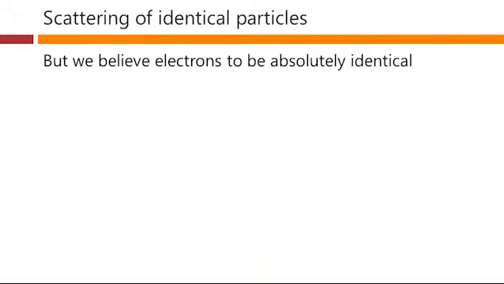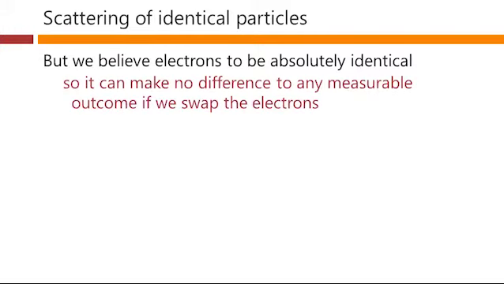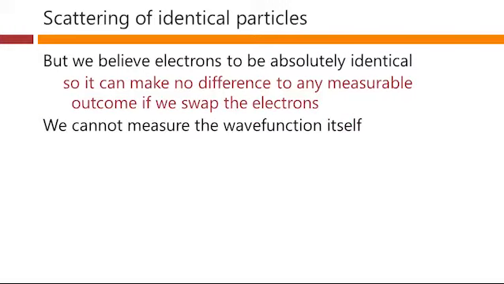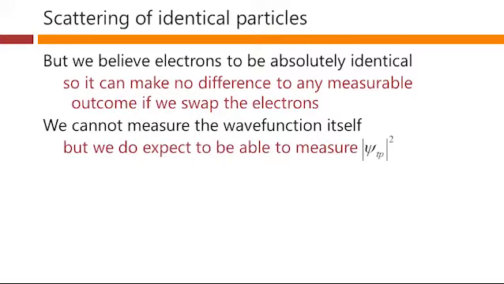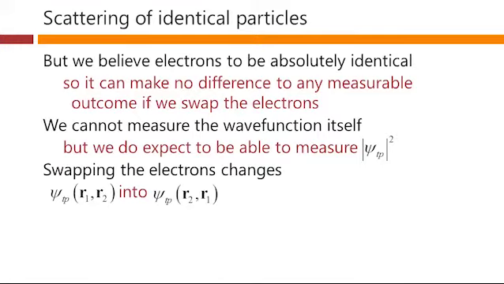But we believe electrons to be absolutely identical. So it can make no difference to any measurable outcome if we swap the electrons. We cannot measure the wave function itself, but we do expect to be able to measure the modulus squared of a wave function. Swapping the electrons would change this wave function, the two-particle wave function of electron 1 position and electron 2 position, into the other way round.